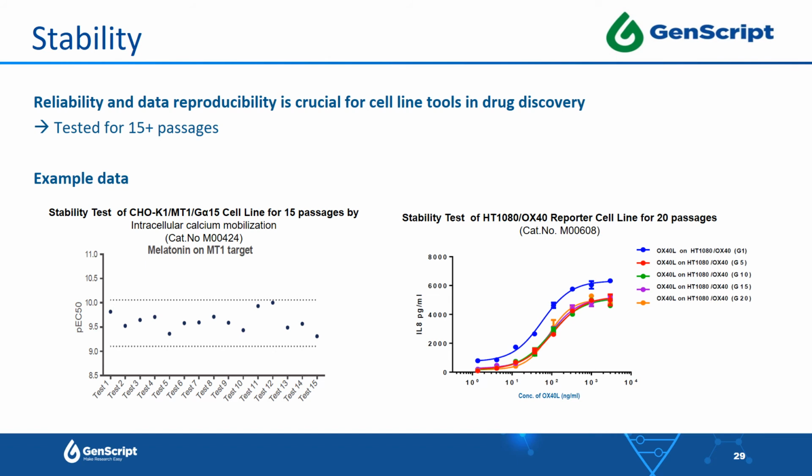In this cell line, the OX40 ligand was added to the cell culture, and the secretion of the IL-8 was detected in the supernatant. The secretion of the reporter IL-8 was detected for 20 passages and still shown to be stable.